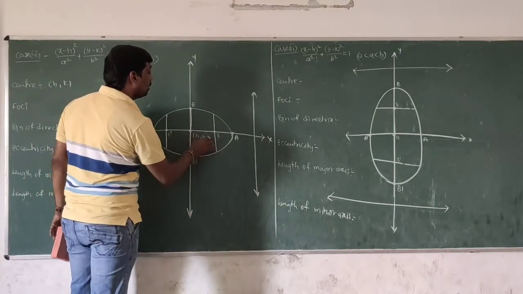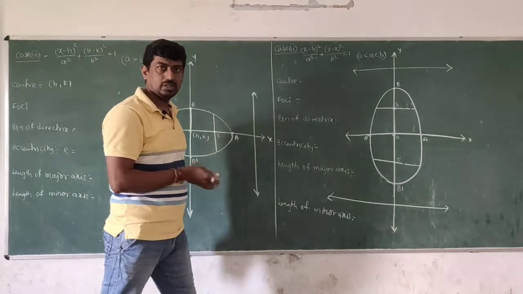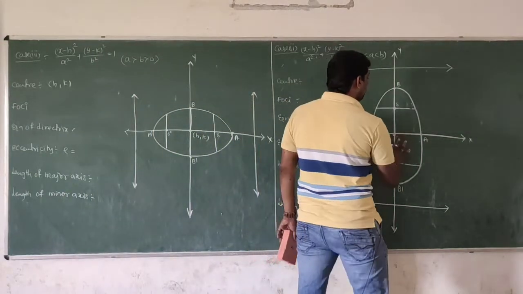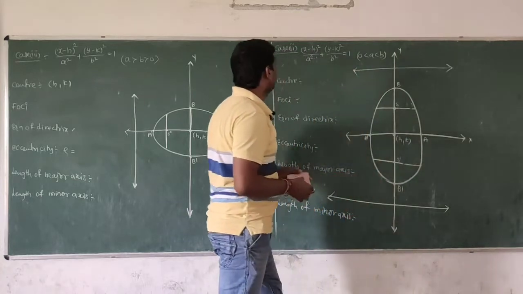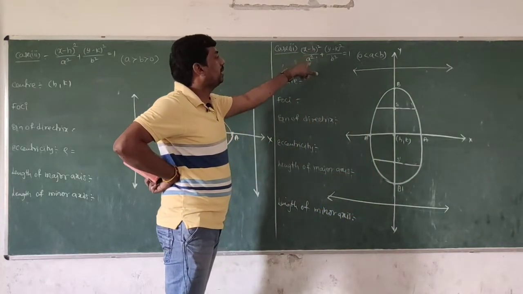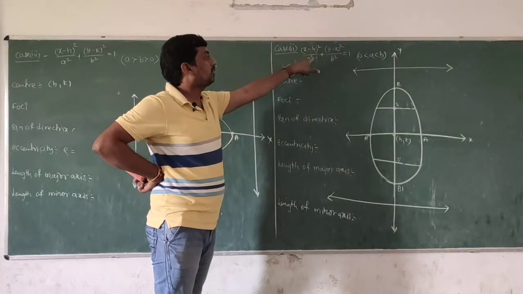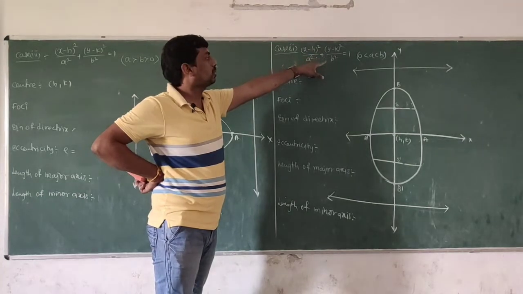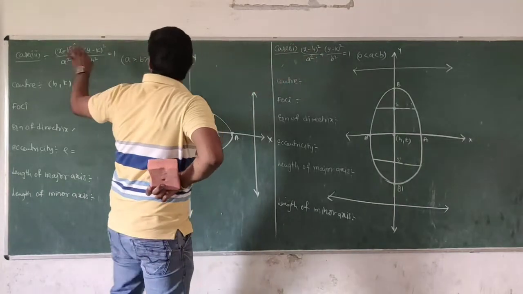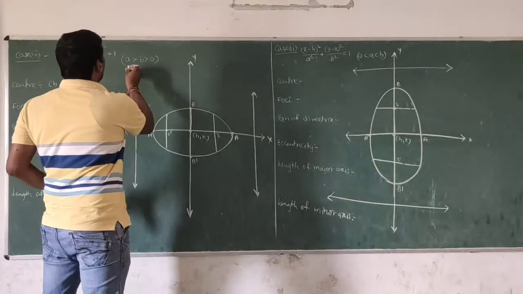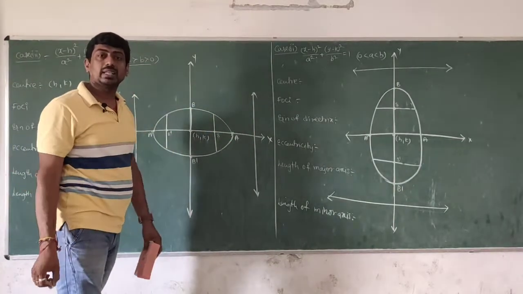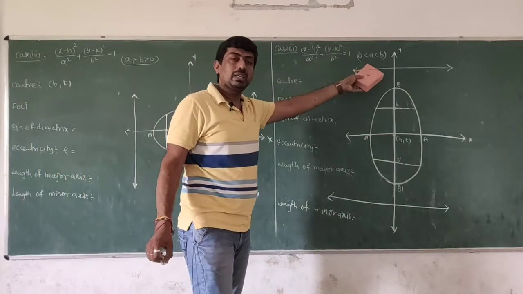In the previous two cases the center is the origin (0, 0), but here the center is (h, k). That's why the standard form changes to (x minus h) whole square by a square plus (y minus k) whole square by b square equals 1. The difference between these two cases is again: if a is greater than b then case 3, if a is less than b then case 4.